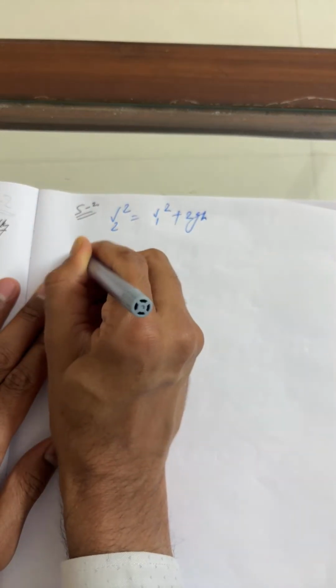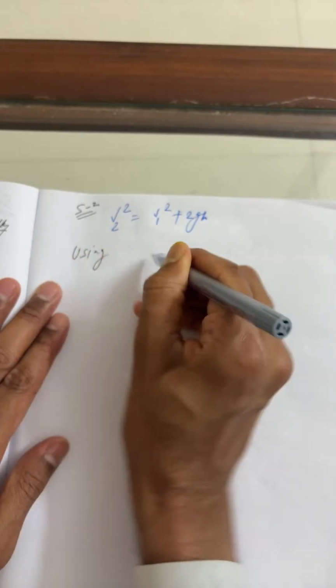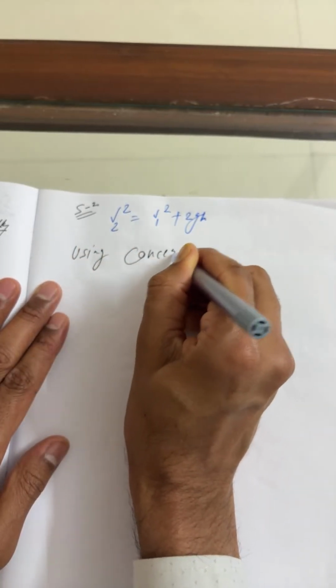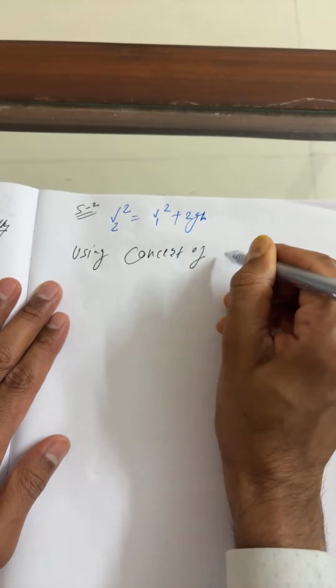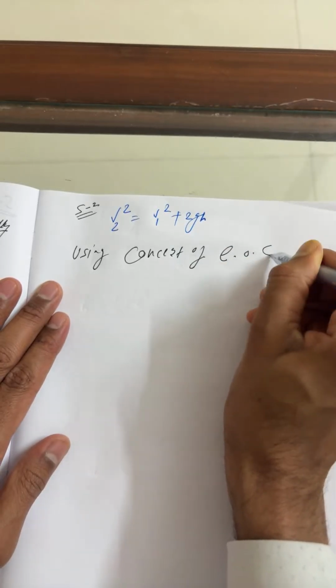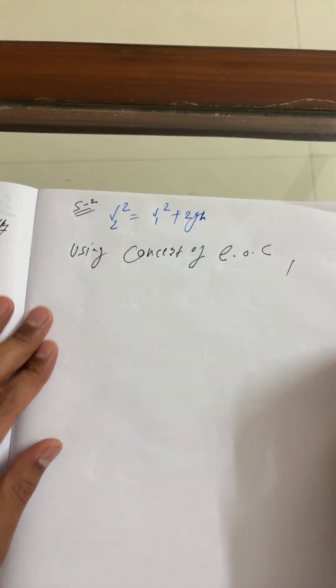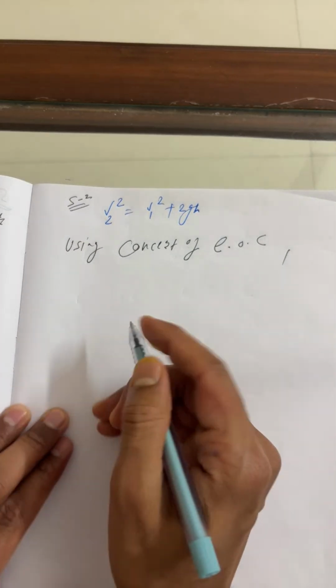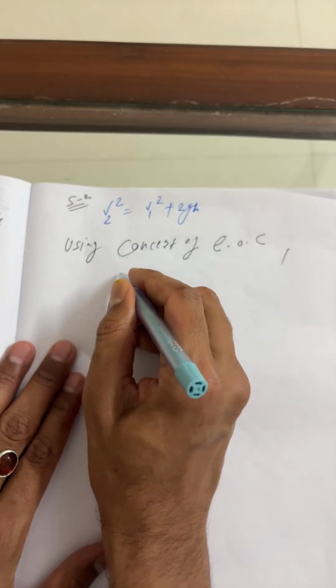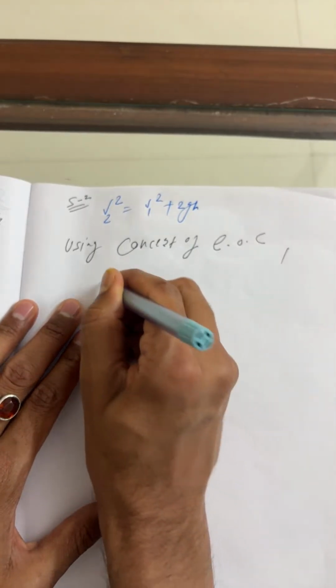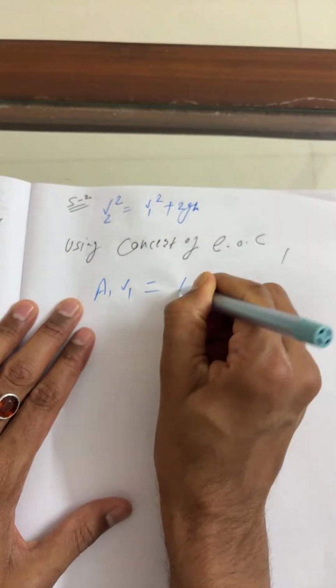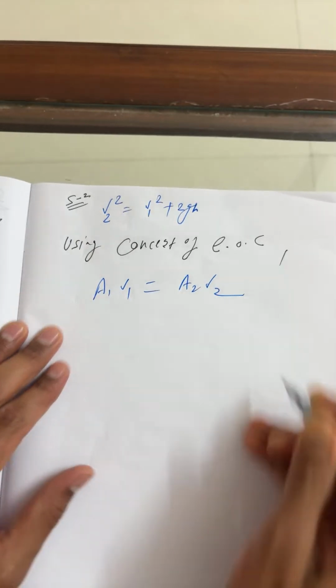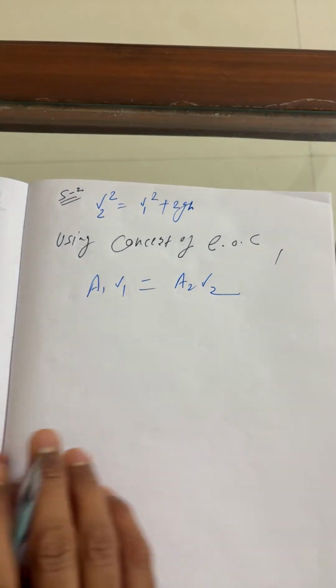So here I'm going to use the concept of the equation of continuity, EOC in short. Here you can write A1 V1 equals A2 V2.